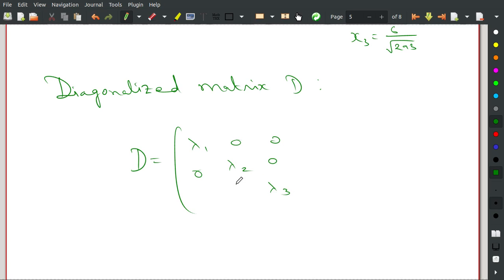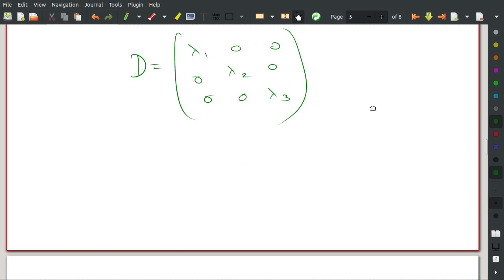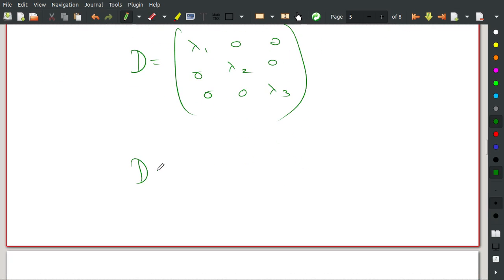So this is a simple thing. For our case, the diagonal matrix of A is D equals, what are the eigenvalues? We have 3, minus 5 and 6, right? So this is our diagonal matrix.